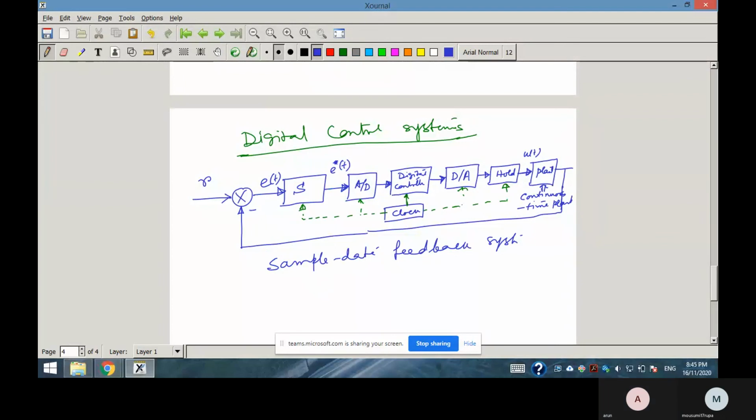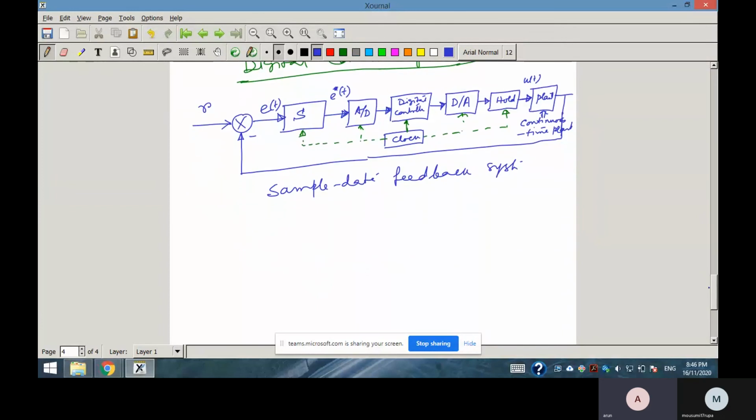Okay. So now, what is the advantage of a digital control system?